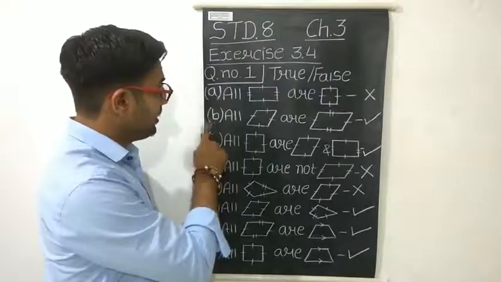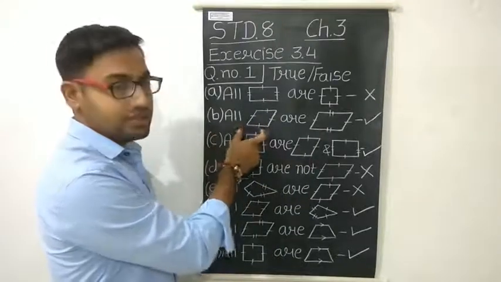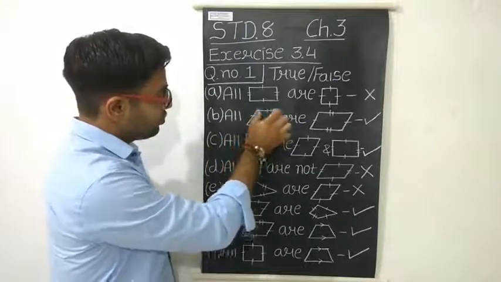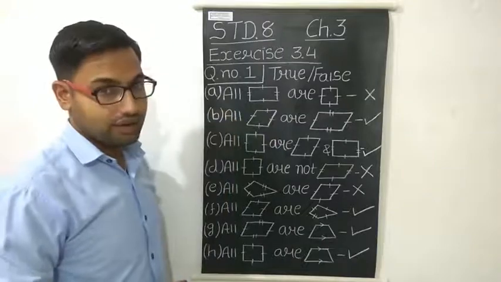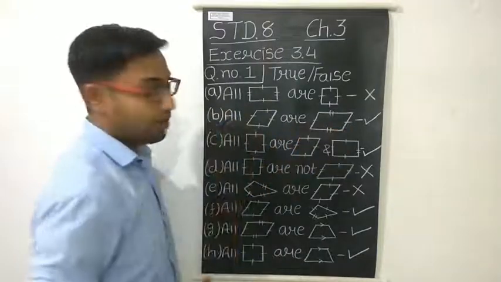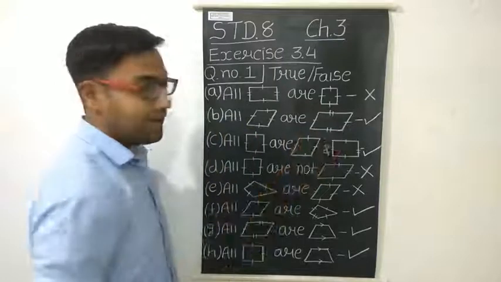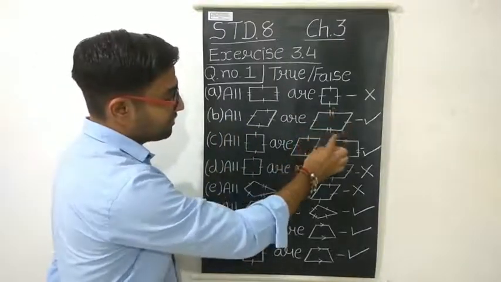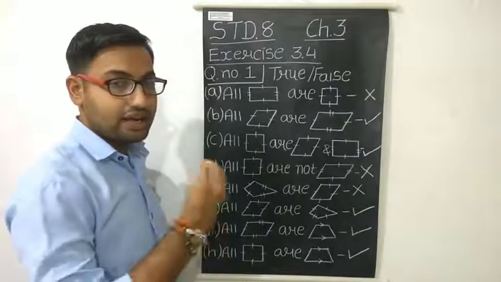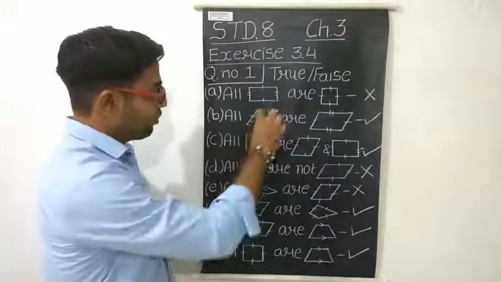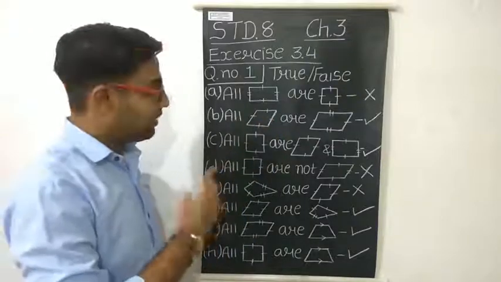Second one is B. All rhombus are parallelograms. This symbol is of rhombus, because rhombus has all four sides equal. This is the symbol of parallelogram, because in a parallelogram both pairs of opposite sides are equal and parallel, and in a rhombus also both pairs of opposite sides are equal and parallel.